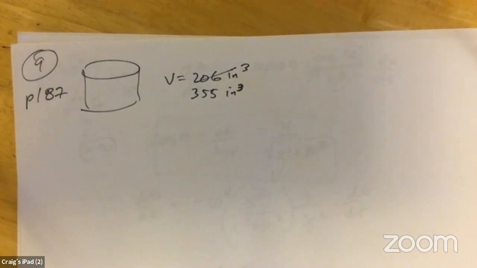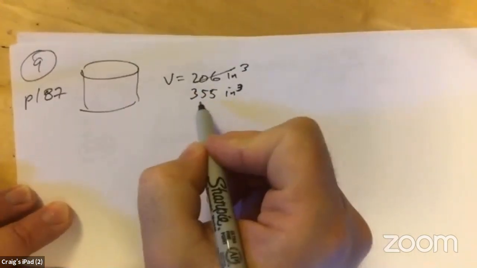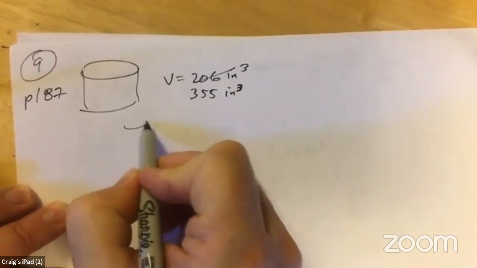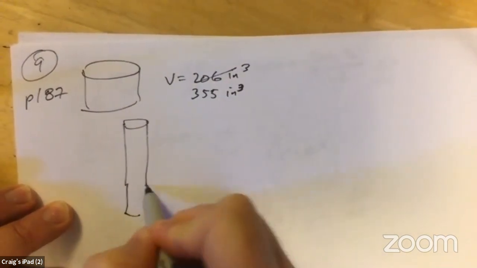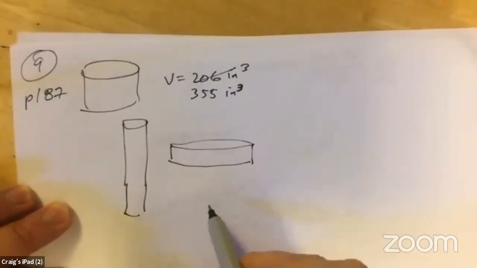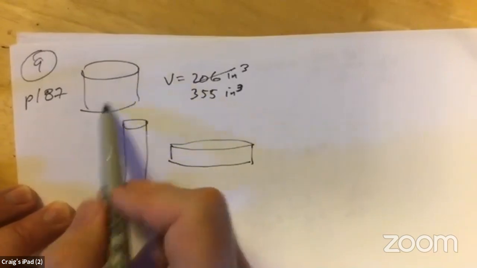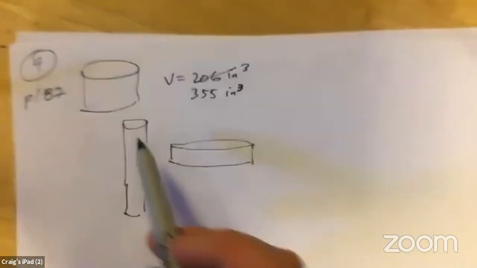That's its volume, and we're trying to figure out, what shape should we make the can? To get 355 cubic inches, I can make a really long, tall can, a really short, fat can, or some sort of Goldilocks somewhere in between. There's a reason that we have our cans the size they are.